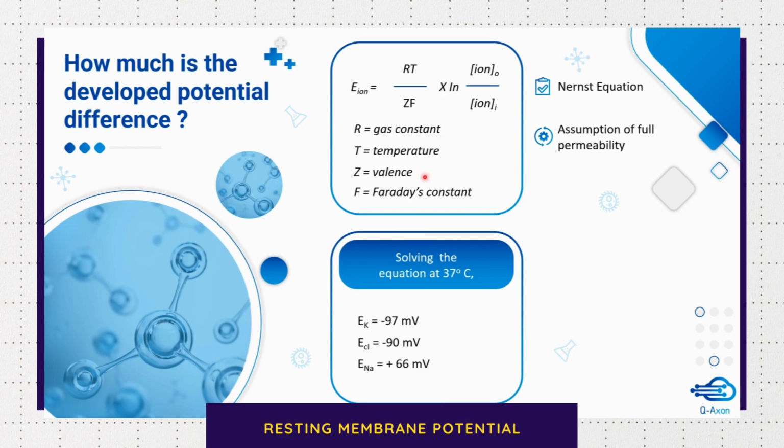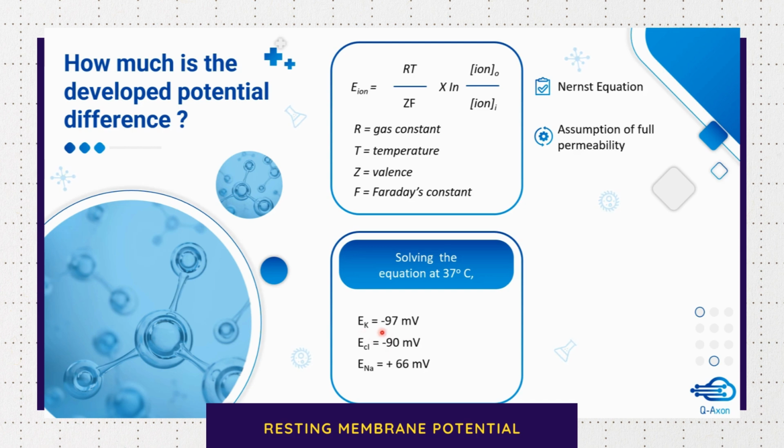So when we solve this equation at 37 degrees Celsius, that is the body temperature, and put in the concentrations of potassium ions, then what we get is that if we consider that the membrane is fully permeable to potassium ions, then the potential developed will be minus 97 millivolt.